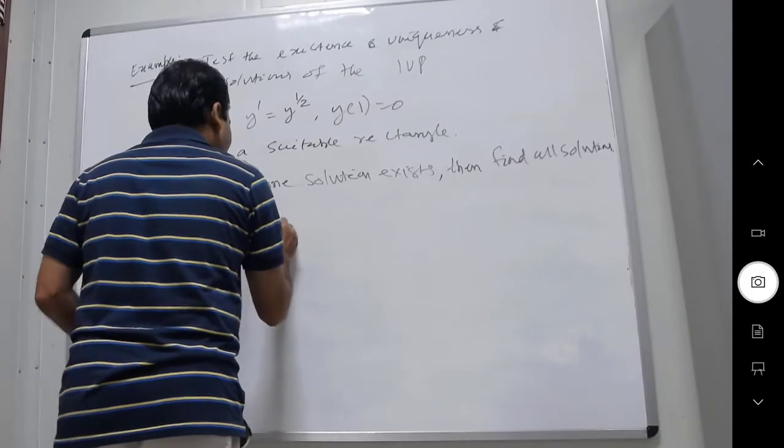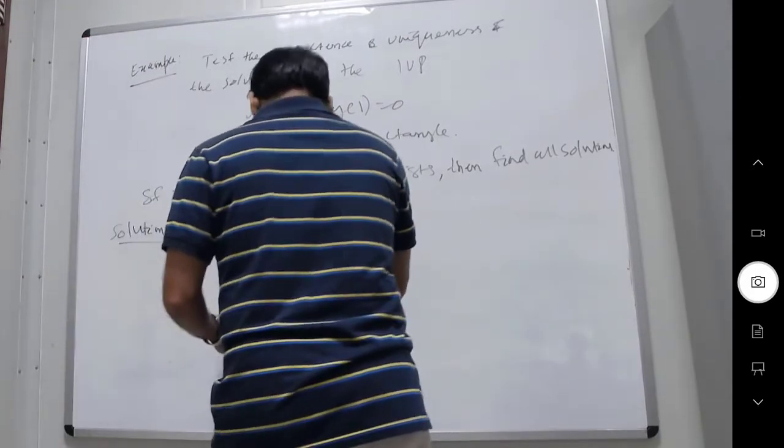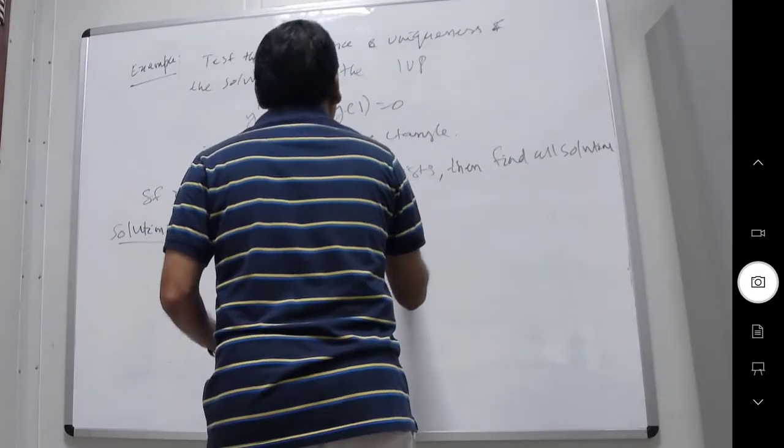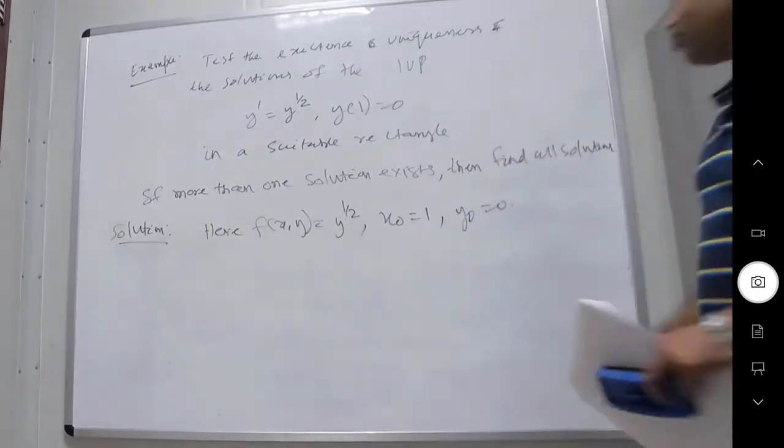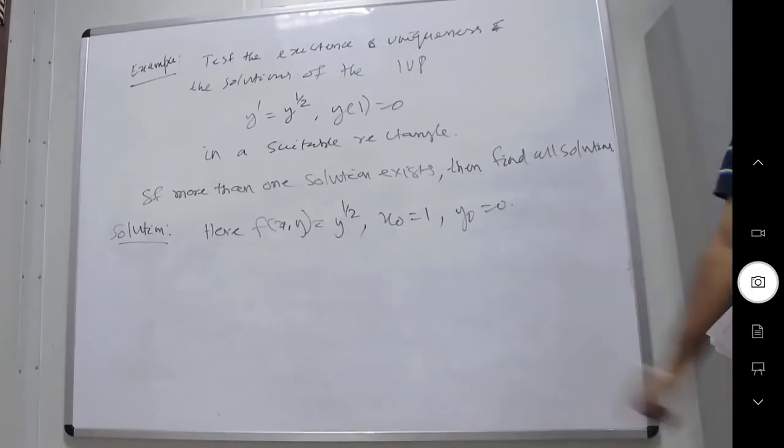What is your f(x, y)? It is y to the power half, with x not equal to 1, y not equal to 0 from the initial condition.